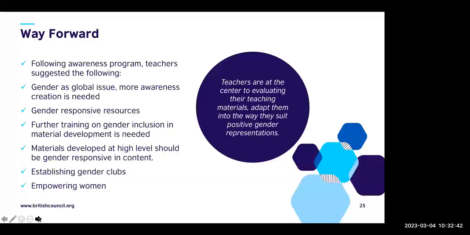Still, because the issue of gender is a burning issue across the world, gender-responsive resources should be adapted. That was one of the serious problems in our case: shortage of gender-responsive resources. There was no training, and there were not that many materials prepared on gender issues. Further training on gender inclusion and material development.